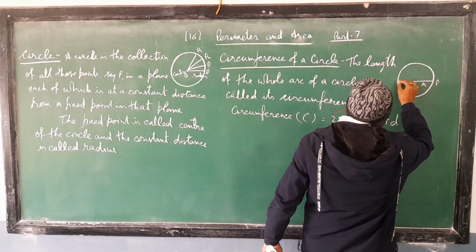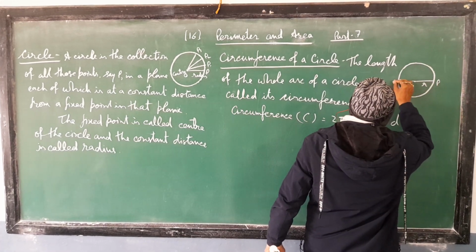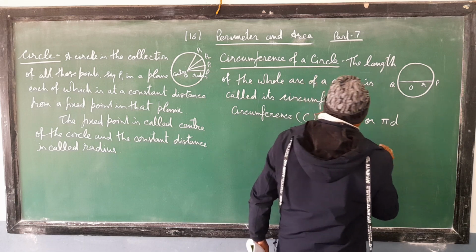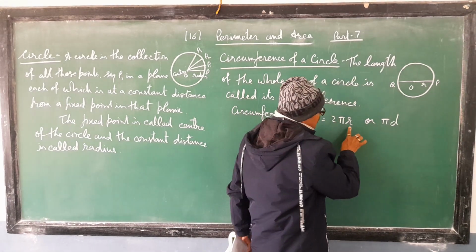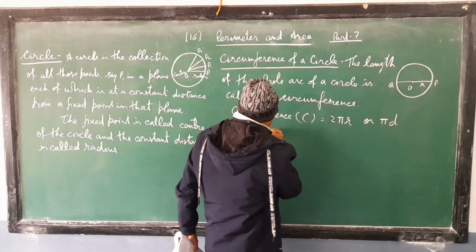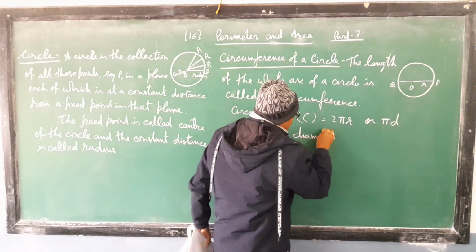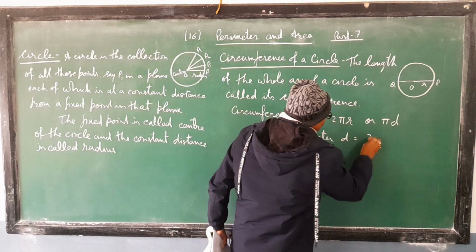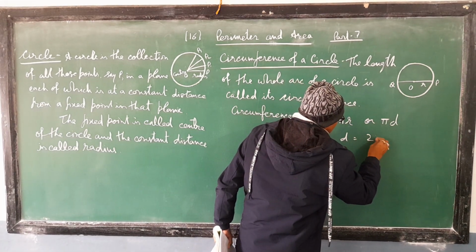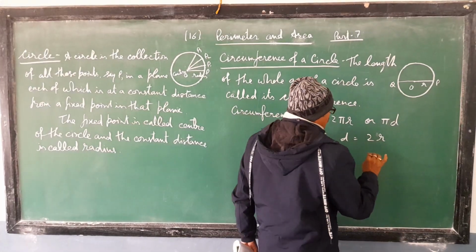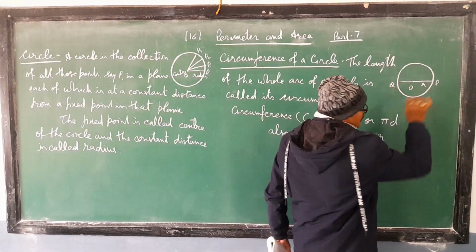So see, if you take the diameter, QP, this total distance is the diameter. And r is the radius. Also, diameter d is equal to 2r, which means 2 into radius. So diameter is double the radius.